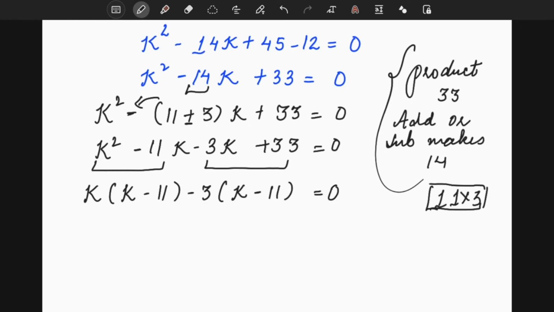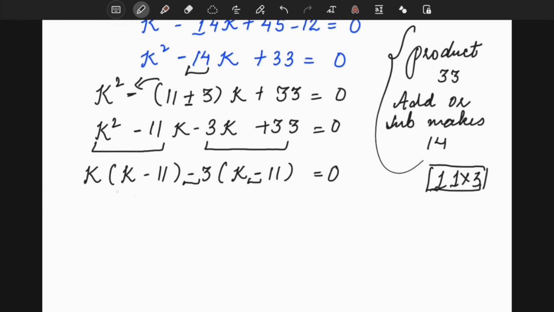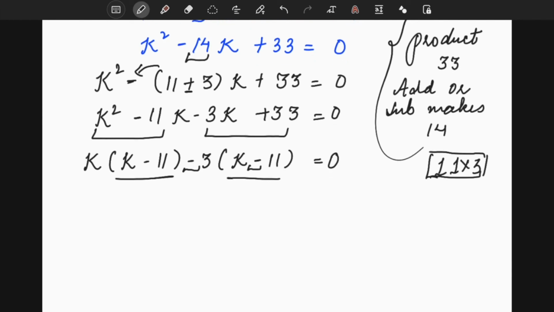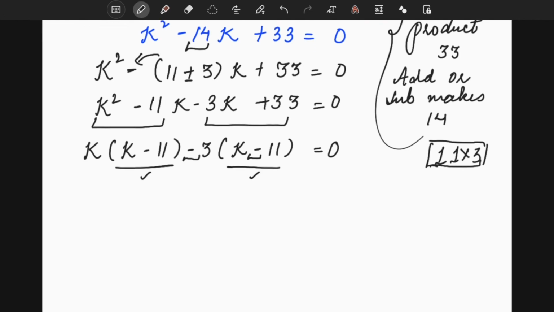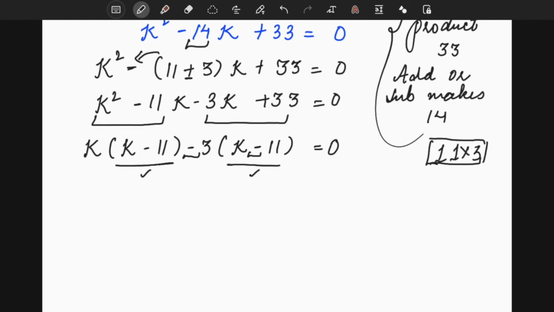Why did I put minus over here? Because outside the bracket there is a minus sign. We have to see whether our brackets are the same or not. If our brackets are the same, that means we are correct. If both these brackets are not the same, that means we are wrong somewhere.